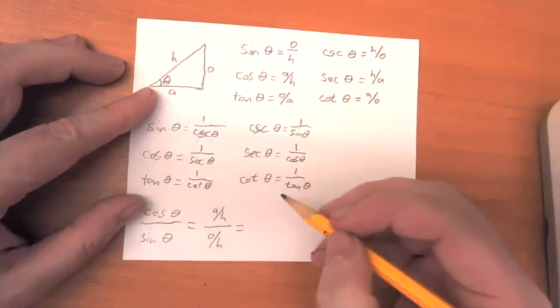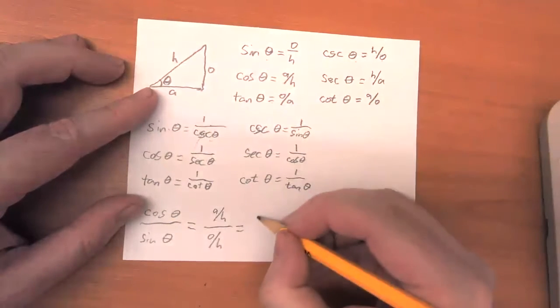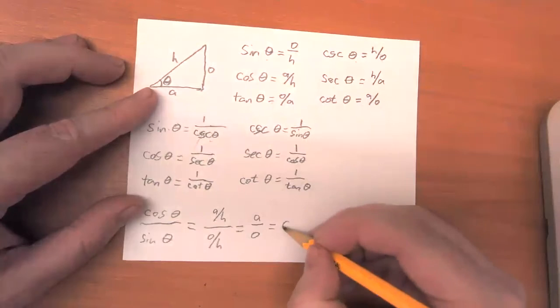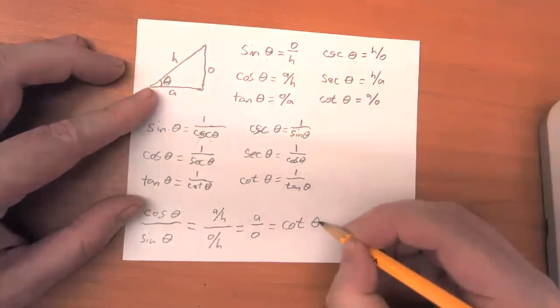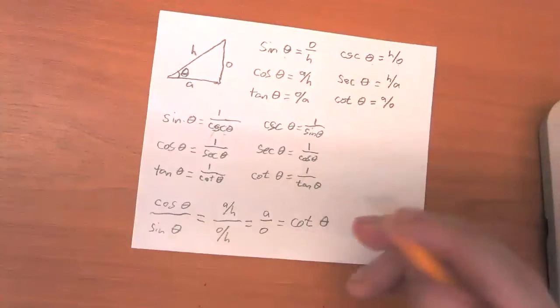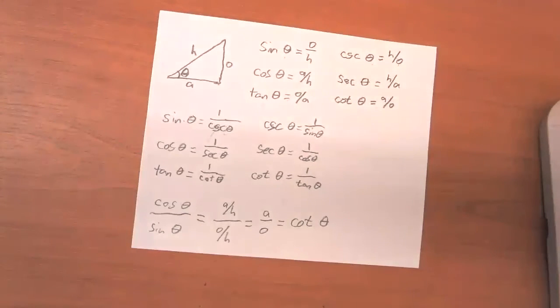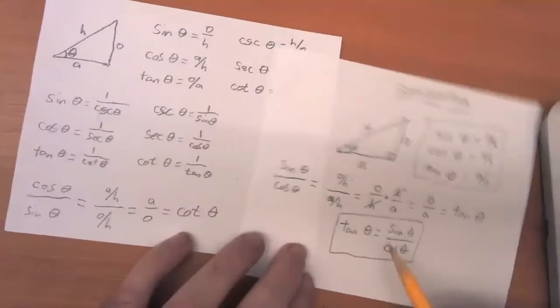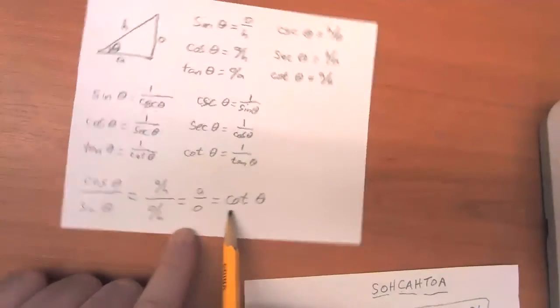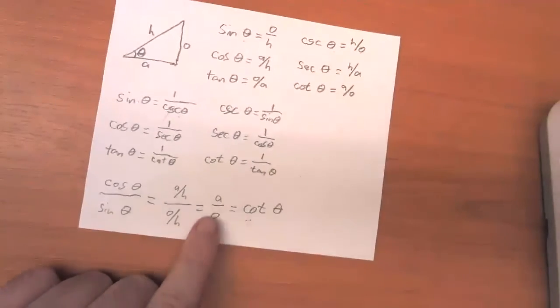If we multiply both sides by h, like we did in the last video, we get a over o. And so a over o is cotangent of theta. Okay, so this is just the reciprocal of the identity we came up with in the last video, which is that tangent of theta is equal to sine over cosine. Same thing is going on here. Cotangent is equal to cosine over sine.